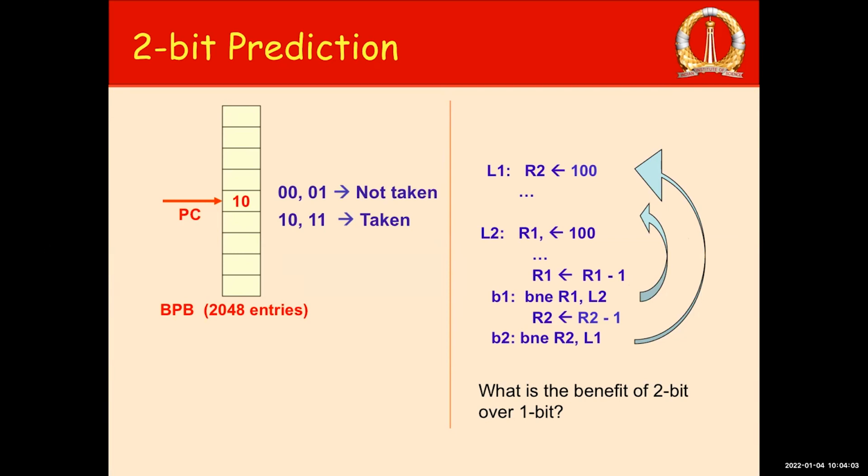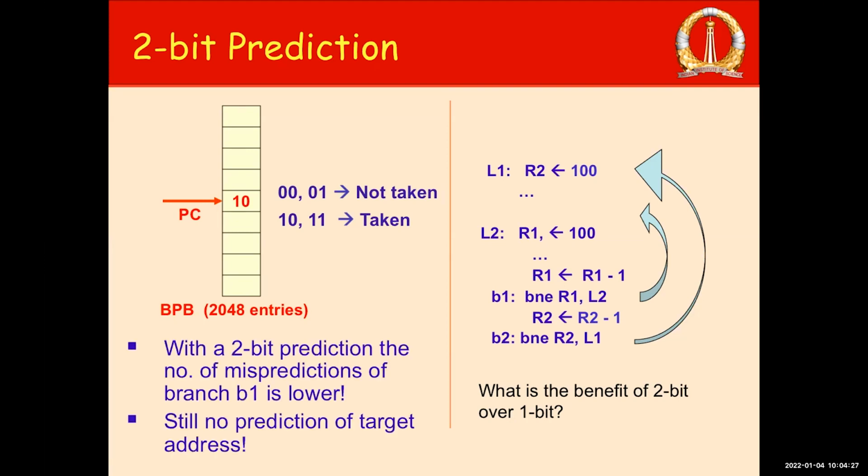So in the steady state, the 2-bit predictor would predict wrongly only once for every outer iteration, which is the last iteration of the innermost loop. And then the next time around, it will continue to predict correctly. So therefore, this predictor would have 99% correct prediction, as opposed to a 1-bit predictor, which would only have 98% correct prediction.